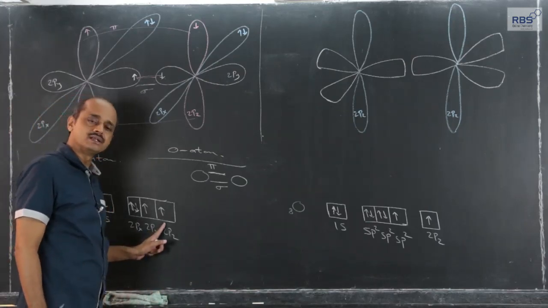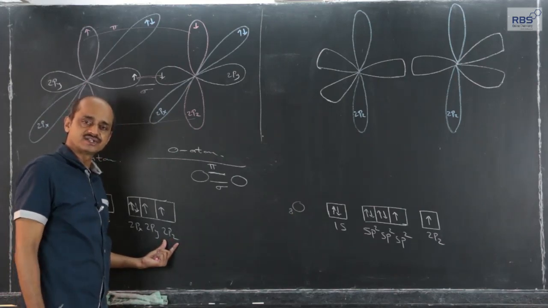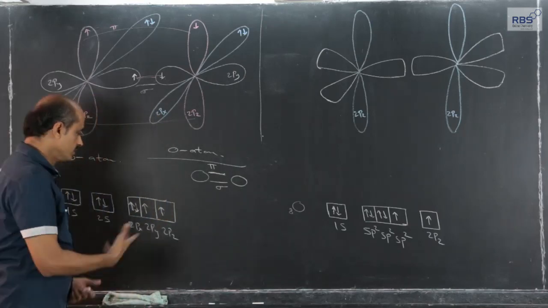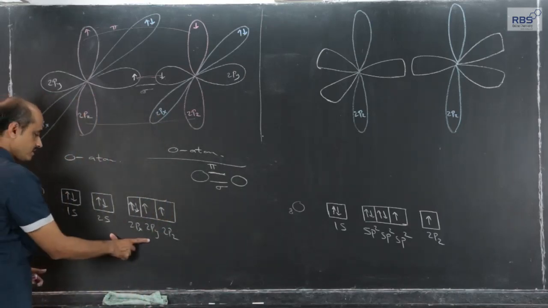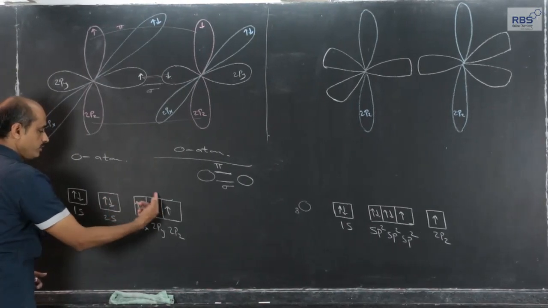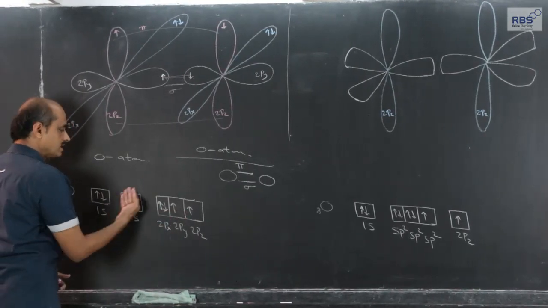If one p orbital, let it be 2pz, does not take part in mixing and recasting, because it takes part in parallel overlapping, what remains is 1 2s and 2 2p, these 3 atomic orbitals.